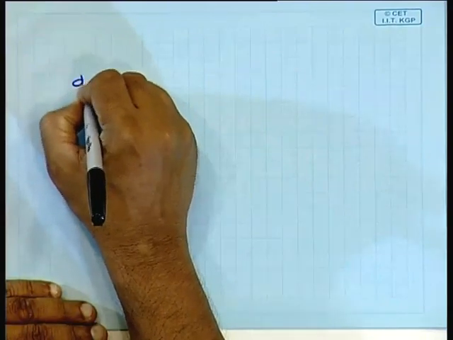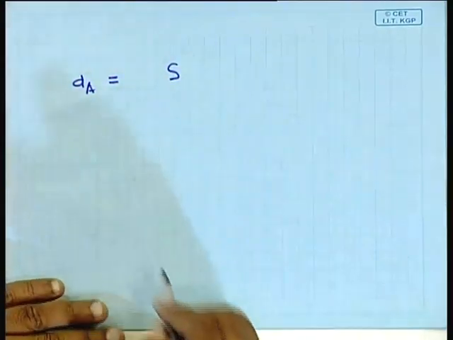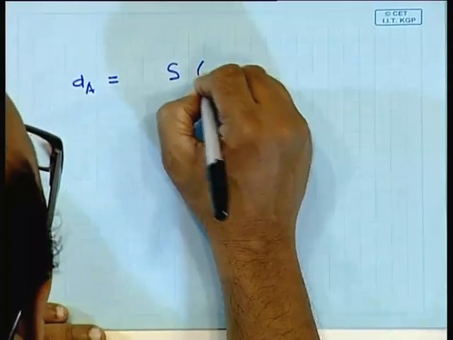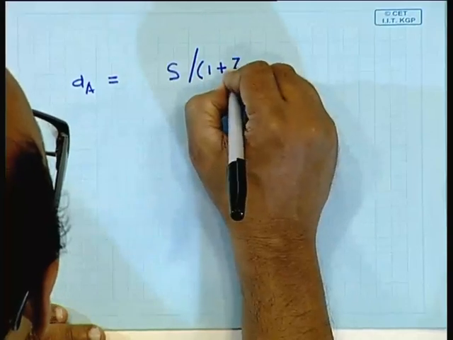So, let me summarize the three distances that we have calculated. There are various other distances also which could possibly be of interest depending on the situation. We have calculated three. The first is the angular diameter distance d_A. This is the coordinate distance S into 1 plus z divided by 1 plus z.